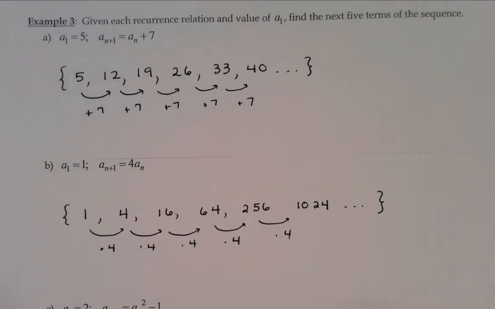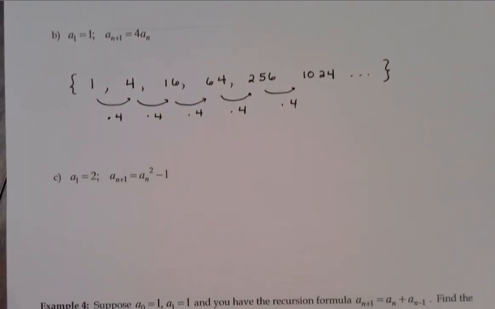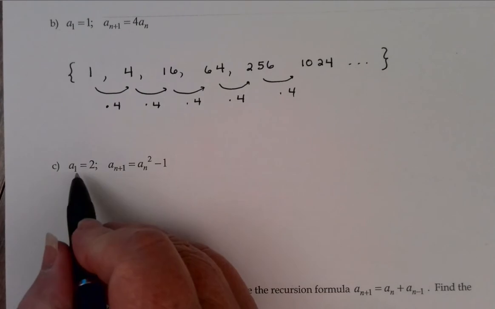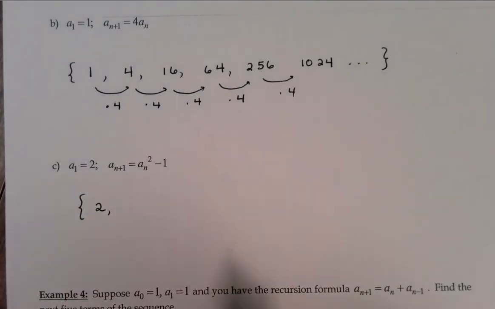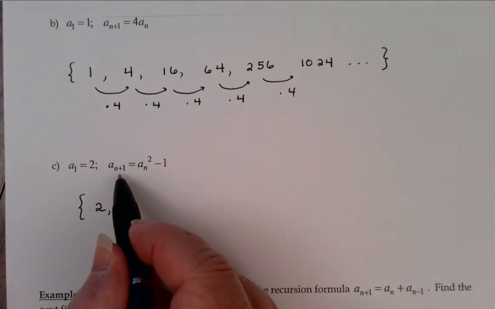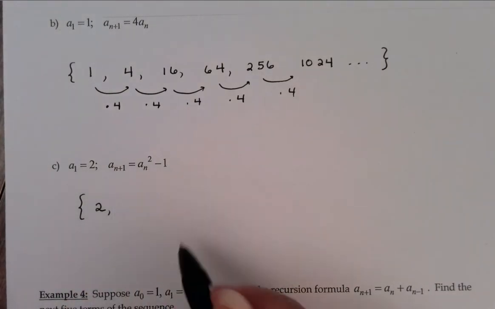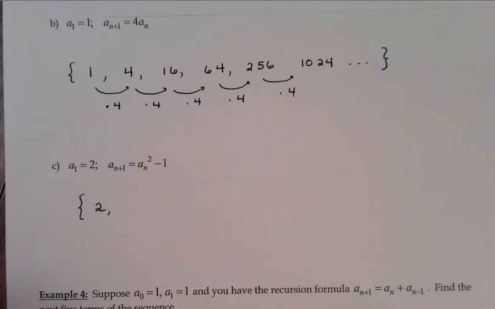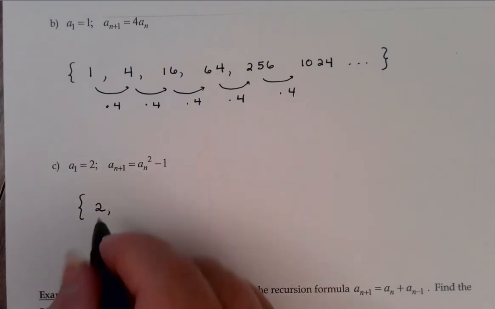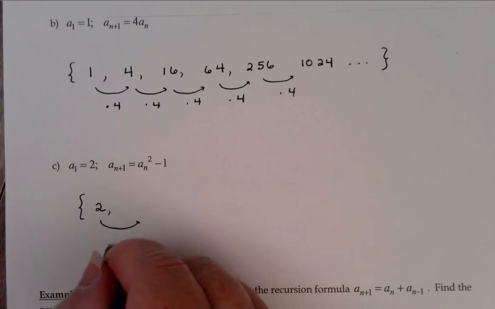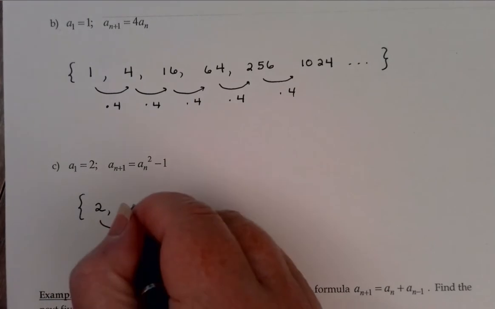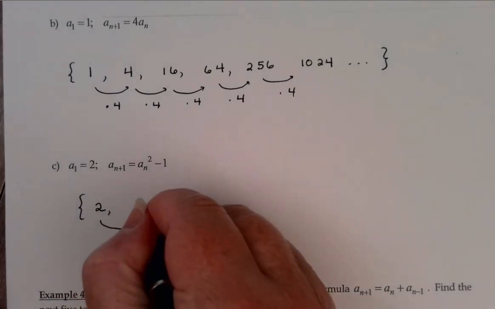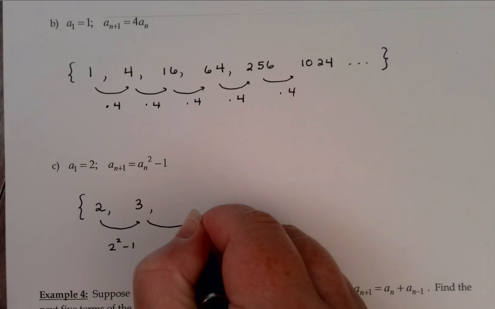All right, let's take a look at another recurrence relation. In this next one, they tell us that we're starting with our first value, A1 is 2. And this time, to go from one term to the next, we square our previous term and subtract 1. So this time I'd have to go with 2 squared minus 1. 4 minus 1 is 3. And do it again.